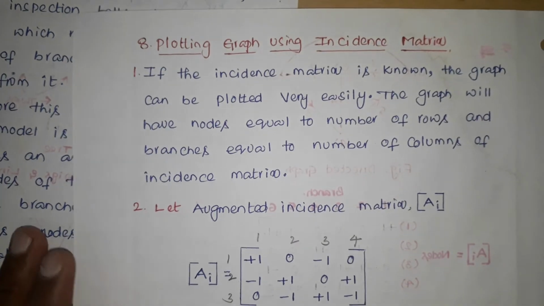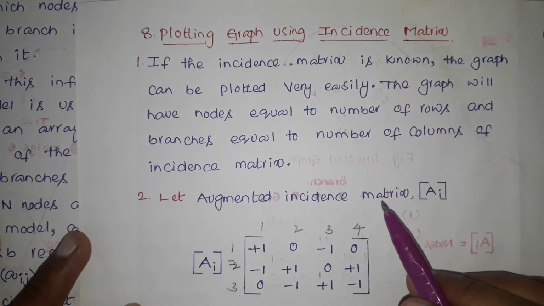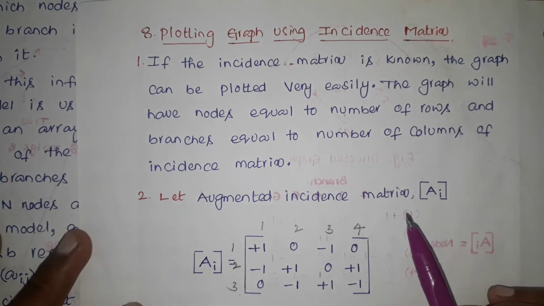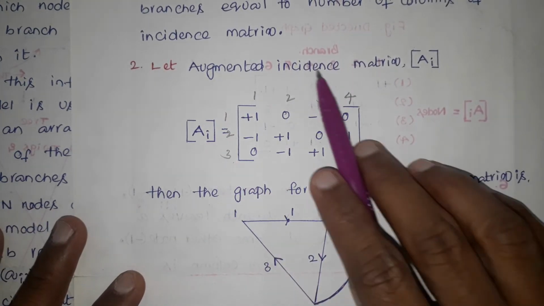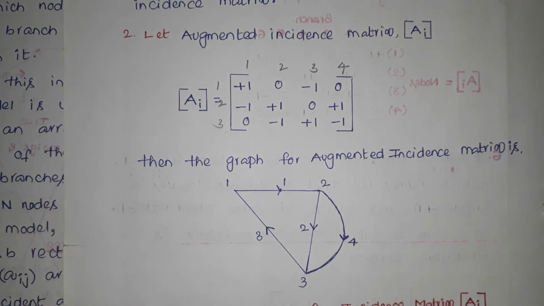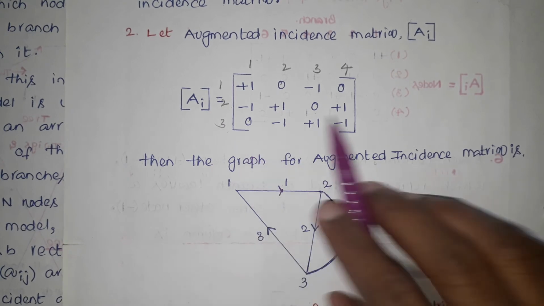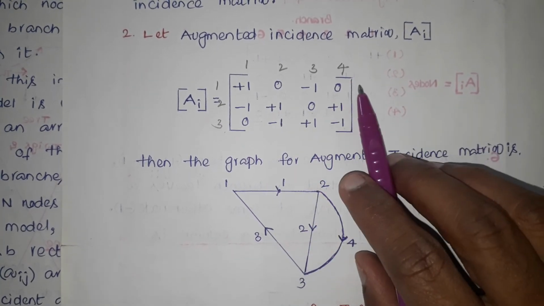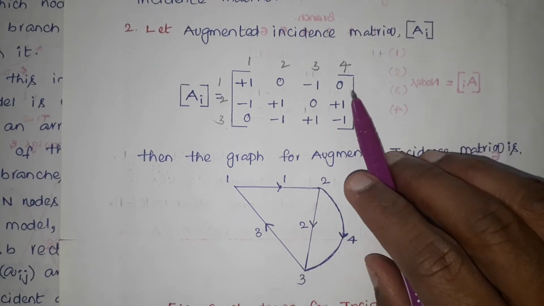In a similar manner we can plot the graph using the incidence matrix, because the incidence matrix defines only the oriented graph. Here in this example, the incidence matrix has been given, and we are asked to find the oriented graph. The number of rows is 3 and the number of columns is 4, meaning in the oriented graph there are 3 nodes and 4 branches.